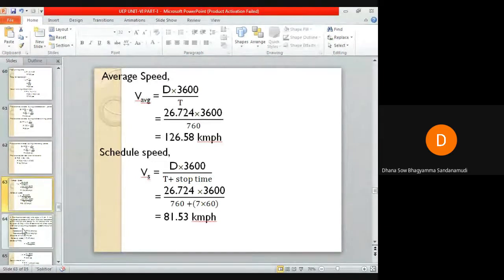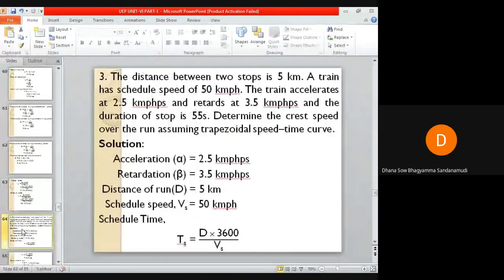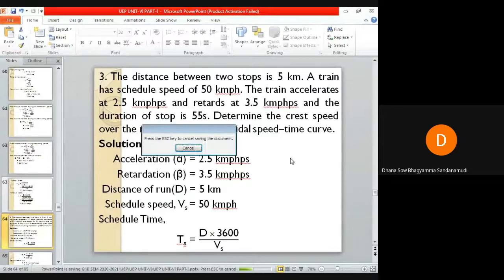Okay. So let us solve one more problem. Distance between two stops is given, so means capital D value. Notations are our wish. You can assume any capital D, small d, or A, B, C, D, E, F, G, H, your wish.